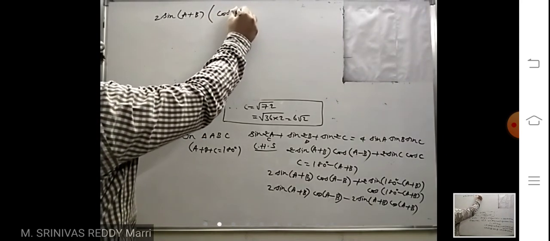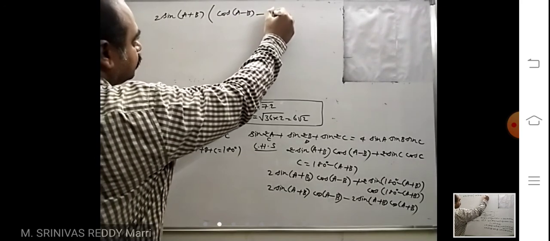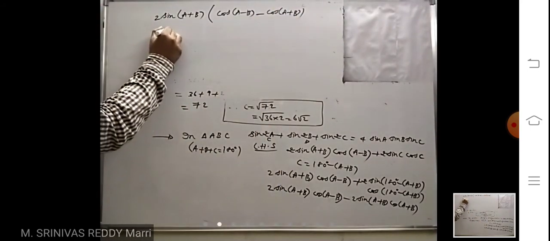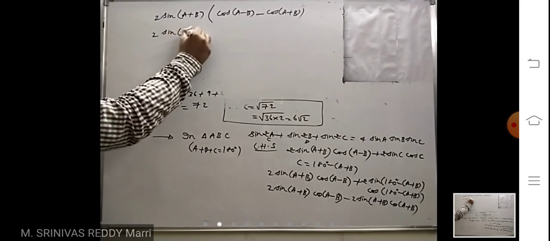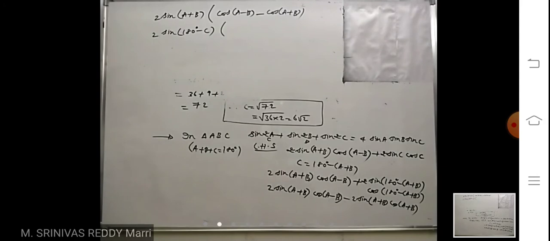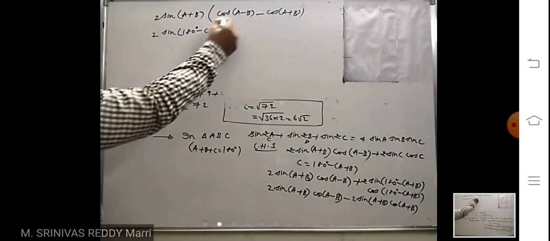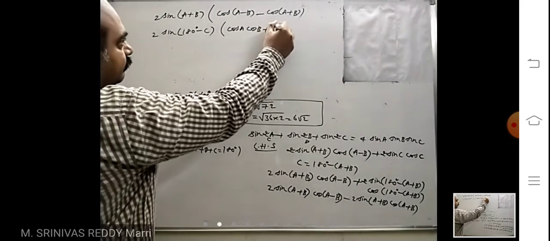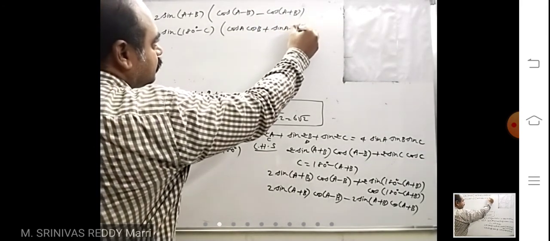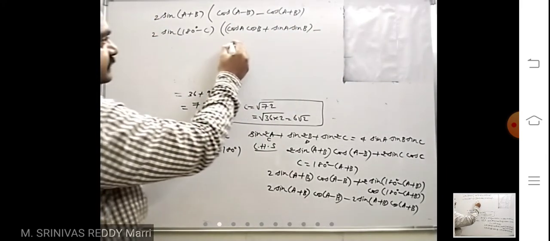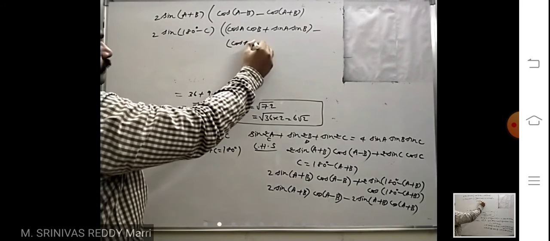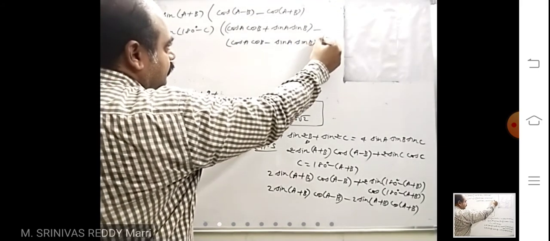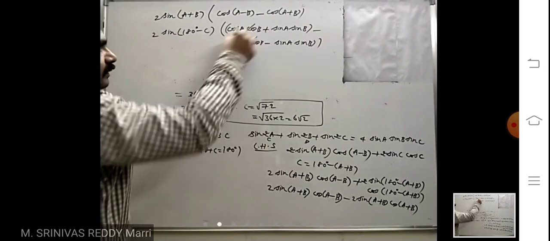You will get cos of A minus B minus cos of A plus B. Now this A plus B can be written as 180 degree minus C. The cos of A minus B formula is cos A cos B plus sin A sin B, and minus cos of A plus B is minus cos A cos B plus sin A sin B. Now if you look here, the cos A cos B terms will get cancelled.